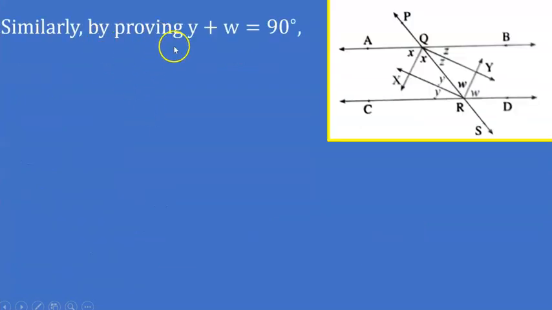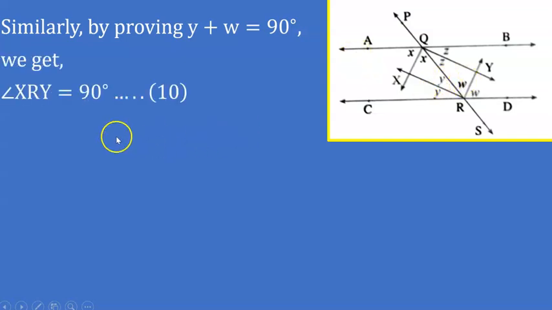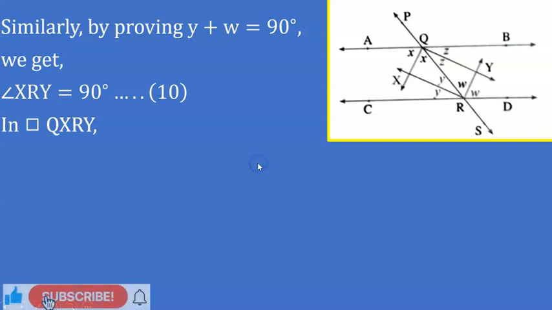Next, similarly by proving that y plus w is equal to 90 degrees, we get angle XRY is equal to 90 degrees.